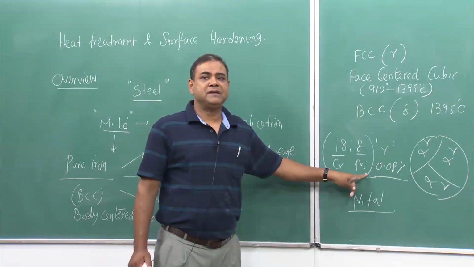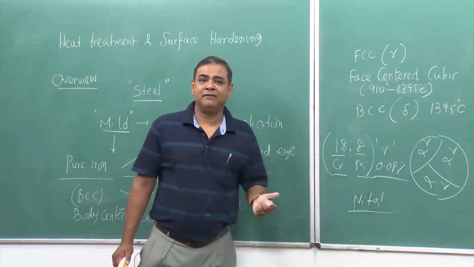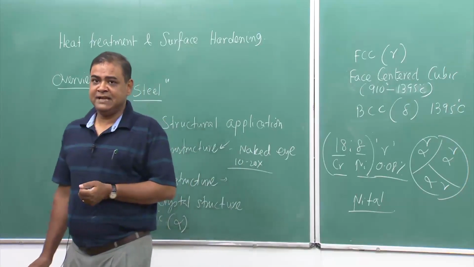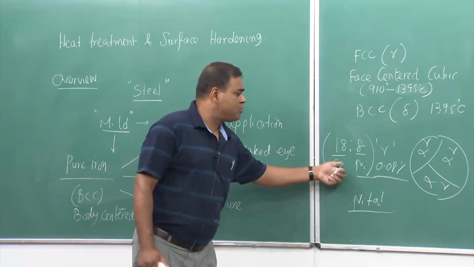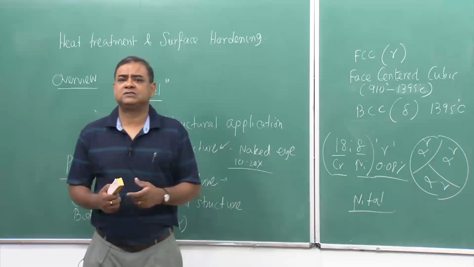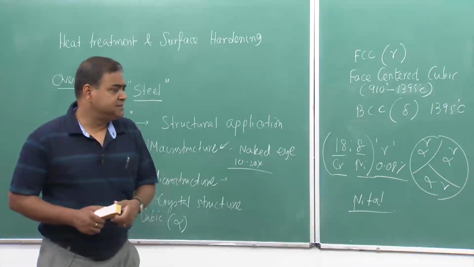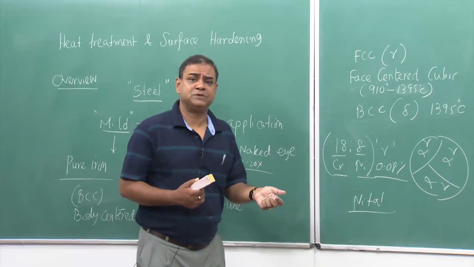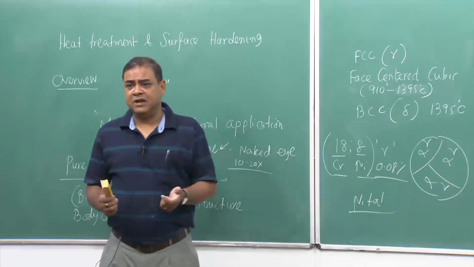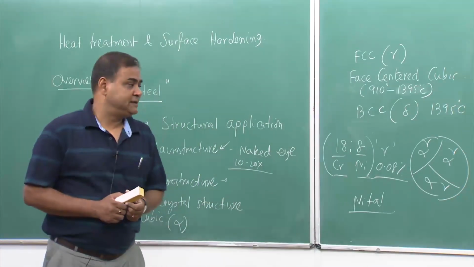The purpose of making stainless steel is to have stainless properties. That is why we go for a high amount of alloying, because chromium and nickel are very costly alloying elements, and these costly elements are added in order to have the stainless property or extremely high corrosion resistance.